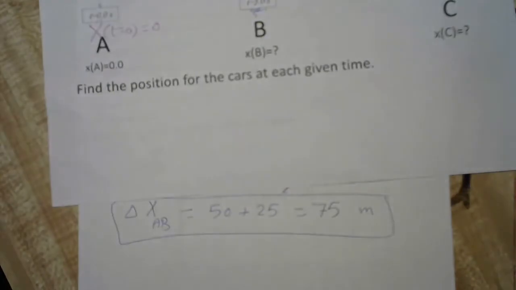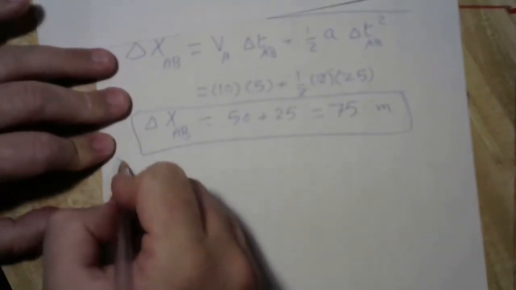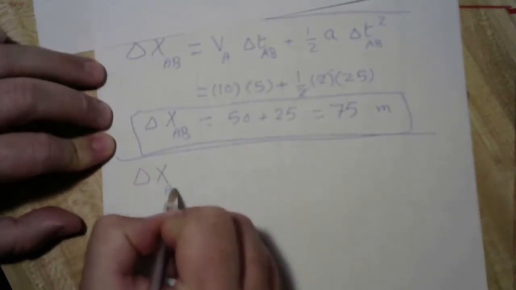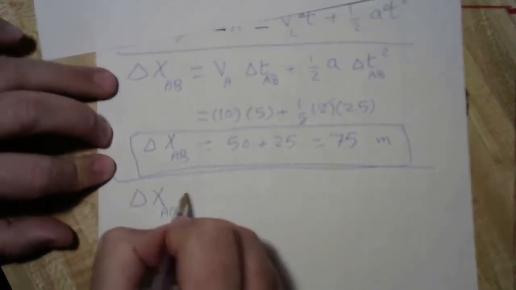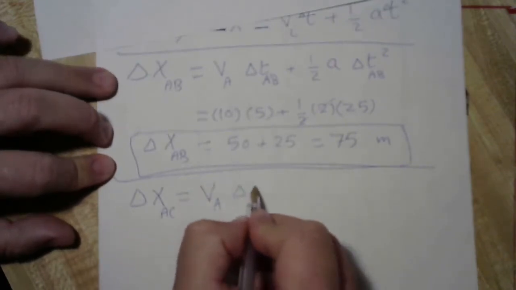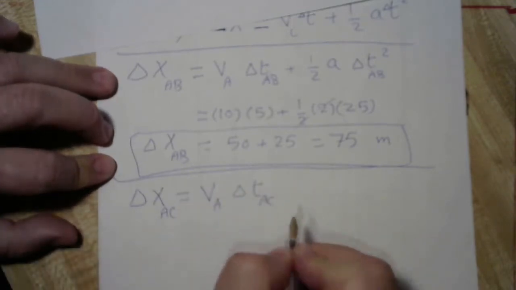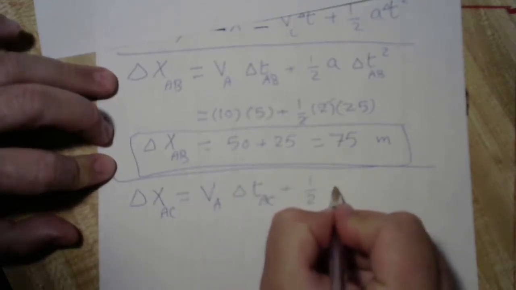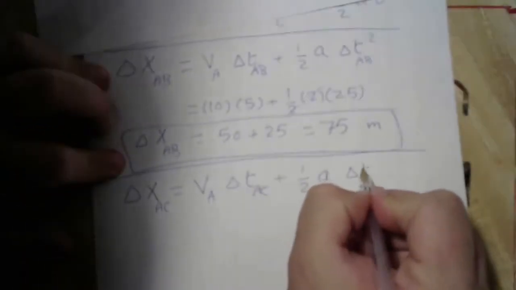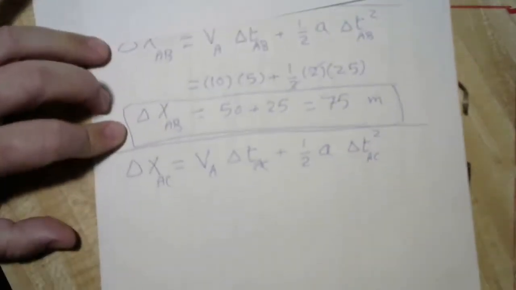Okay, I need to compute the change in position from A to C. This will be equal to V initial, which is VA, times the time period from A to C, plus half multiplied by the constant acceleration multiplied by the time period from A to C squared.